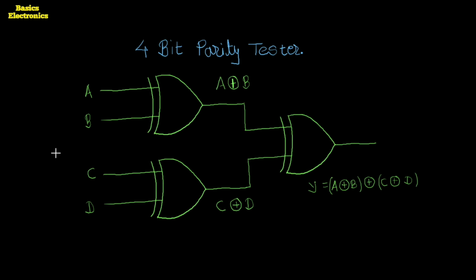The first XOR gate has the data input bits A, B, and the second one has C, D. These are the data inputs A, B, C, D. The output of the first XOR gate is A XOR B, and the output of the second XOR gate is C XOR D. These two, A XOR B and C XOR D, are applied as data inputs for the third XOR gate, and the third XOR gate produces the final output.